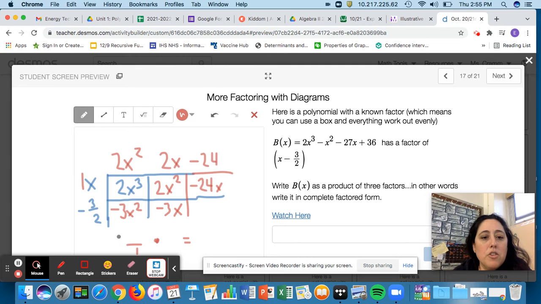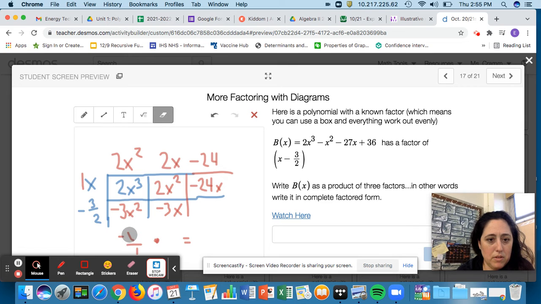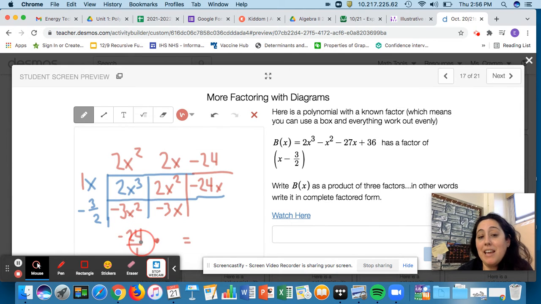Okay, so negative 24, and again, because I'm multiplying it by a fraction, I want to make negative 24 into a fraction. And I can make any number into a fraction by putting it over 1. I thought I made a mistake again, but this is a negative 24.